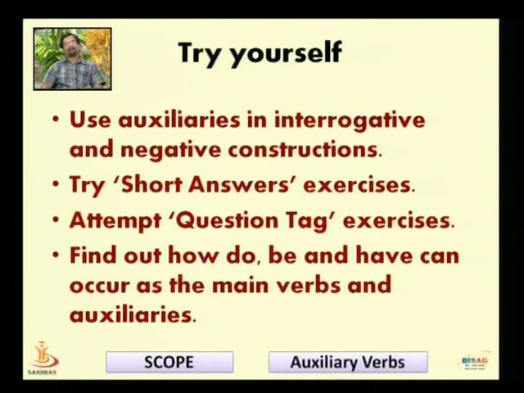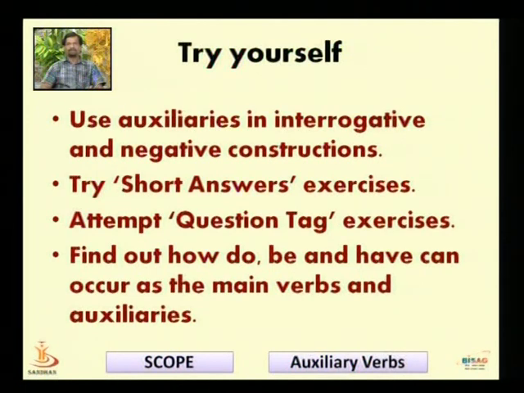You can also try corrections if there are any errors, and you can reinforce. Again, I would like to tell you to fill up your workbooks which have been prescribed to you, or if you have any copies of the past year's workbooks, you can reinforce what you have done. There might be some errors, you can correct them. It is very easy for all of us to try this type of exercises.